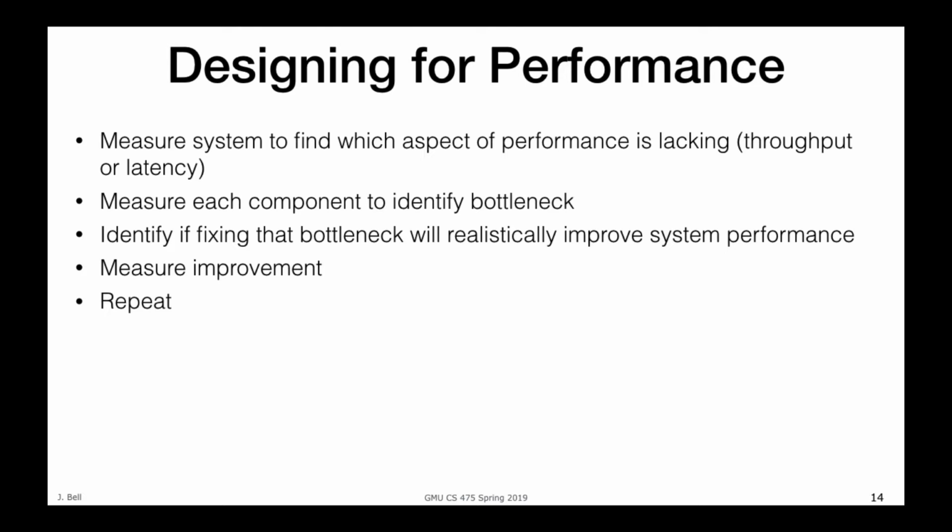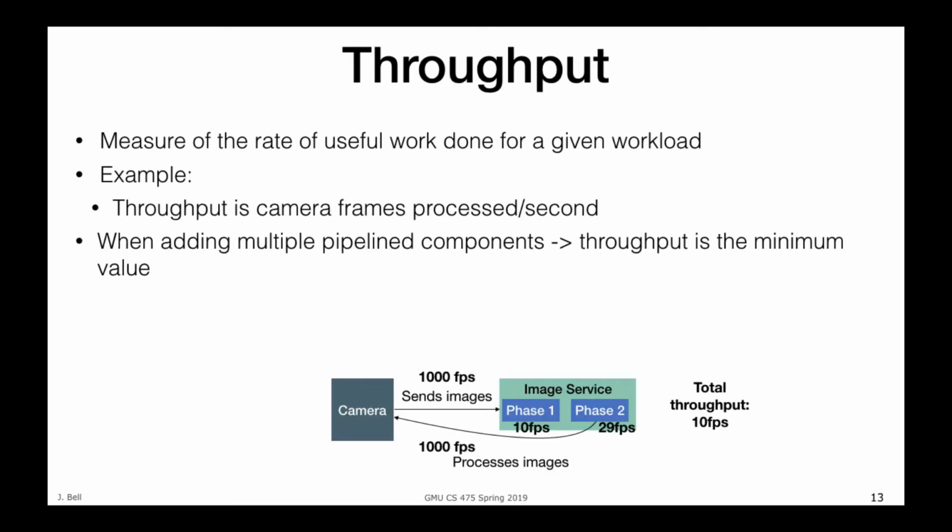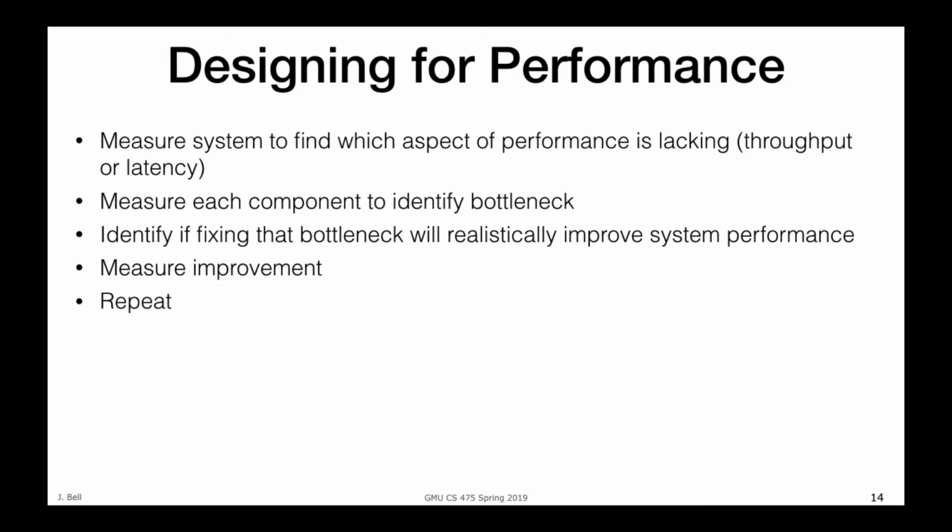So we might have a bottleneck in the case of our image processing service in phase one. We see phase one is the bottleneck here because it's the slowest thing. Just fixing phase one isn't going to make it 100 times faster though, because phase two is still slower than this communication link. So we still have that limitation there. We'd have to look at both of them.